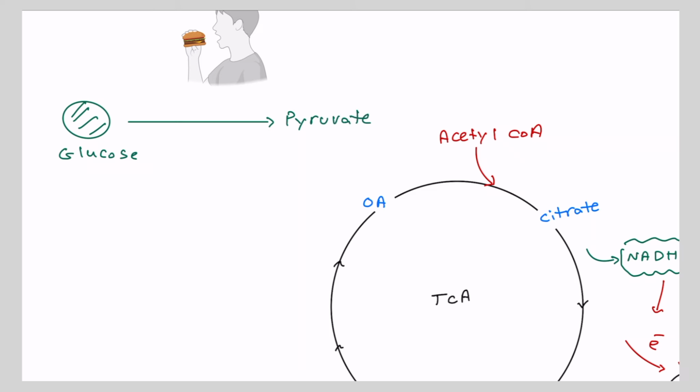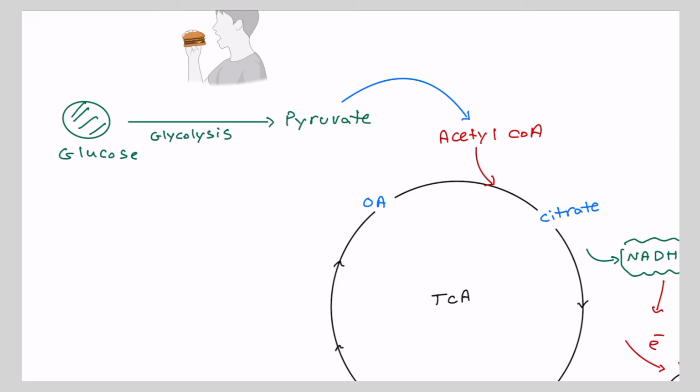And our pyruvate will go through a reaction, and through this reaction is going to get converted into acetyl coenzyme A. So this is our glycolysis here. And pyruvate is going to get converted into acetyl coenzyme A. So this is the point of our glycolysis.